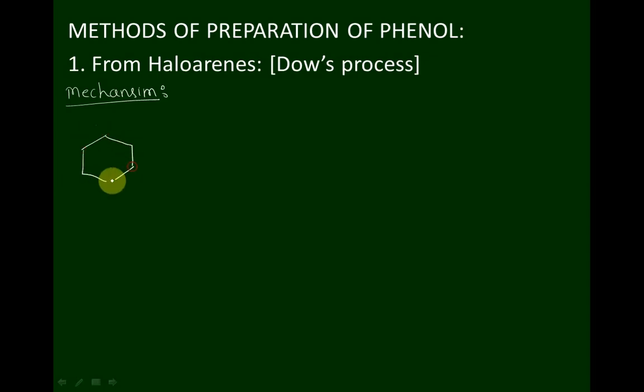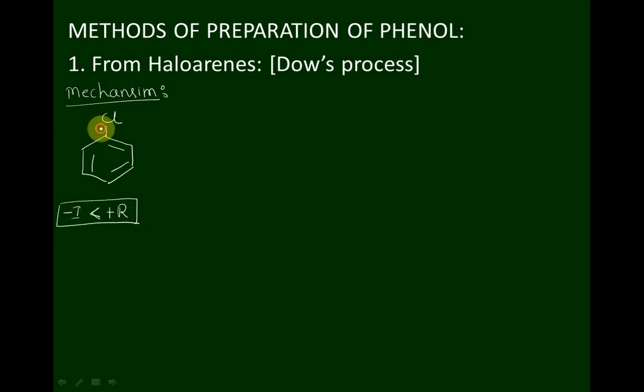In chlorobenzene, the chlorine is bonded to the sp2 carbon atom of the benzene ring. Therefore, here we can observe two effects. One is the negative inductive effect and the other is the plus R effect. The plus R effect is more powerful than the negative inductive effect.